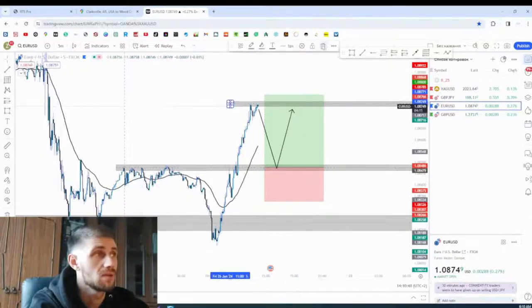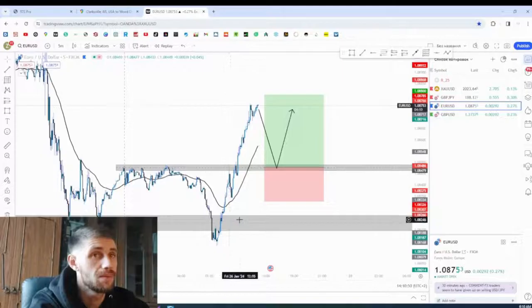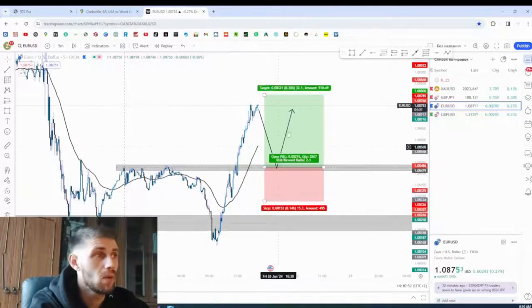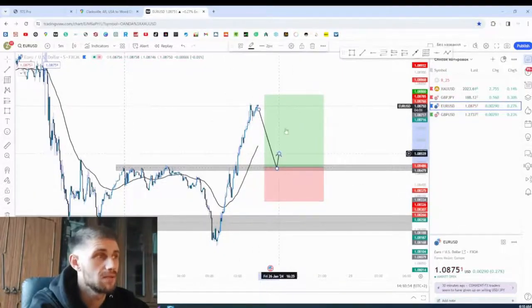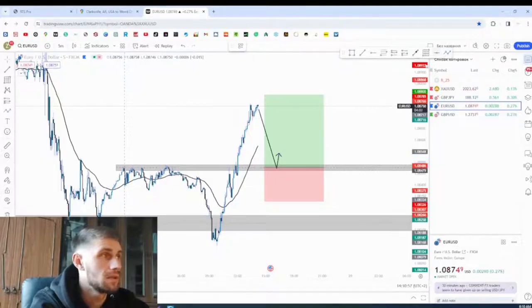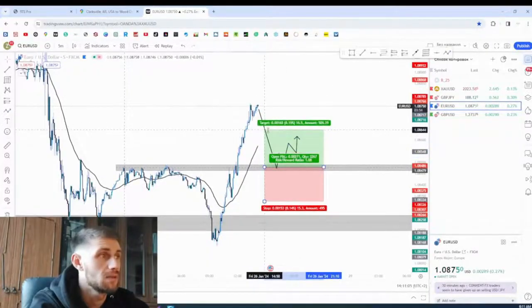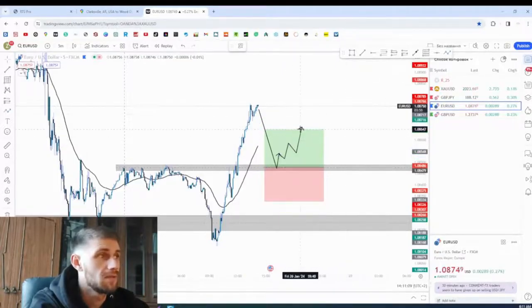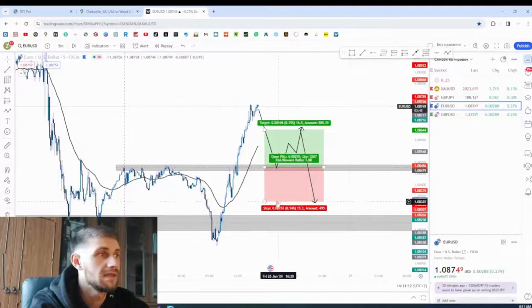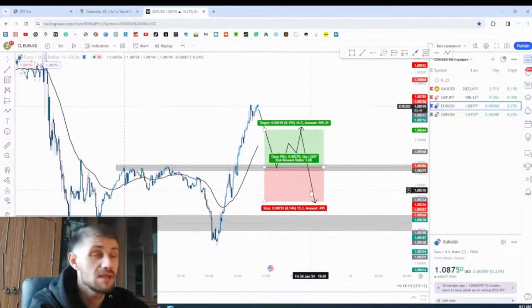Once the price action bounces, you don't know, because maybe it's gonna come up to here, and from here it's just gonna reverse and move down, and then this particular trade is a loss.